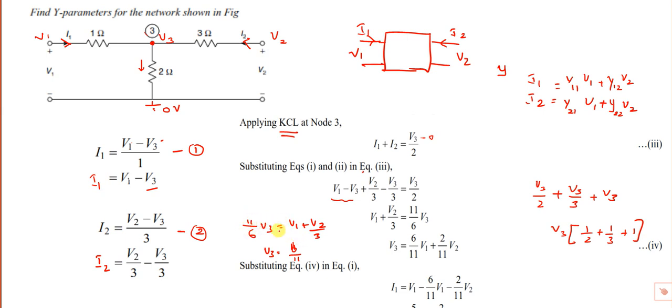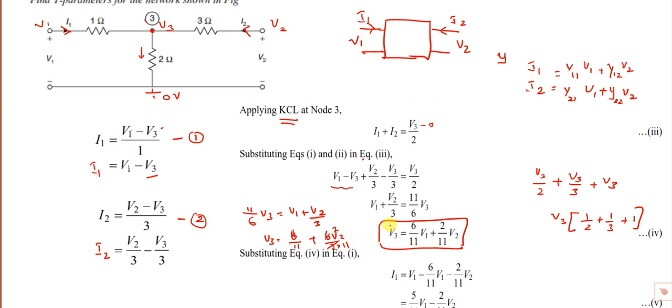So 6V1 by 11 and 6V2 by 3 is already there. 3 ones are 3 twos. You get 2V2 by 11. So V3 value is this much.